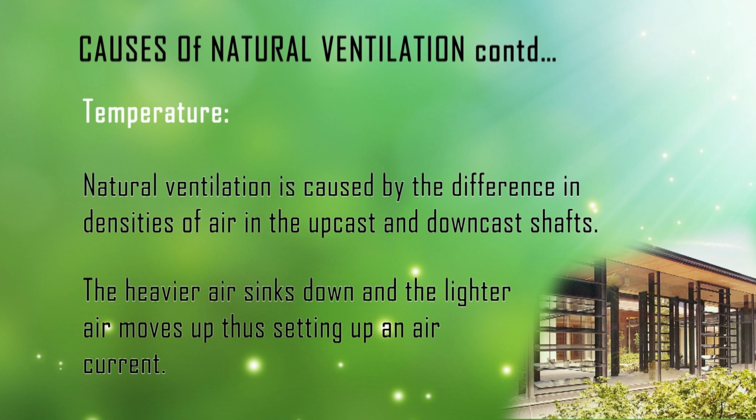If there is a pressure difference maintained between the air in the downcast shaft and the air in the upcast shaft, there will be a flow from downcast to upcast, because the heavier air sinks down and the lighter air moves up, thus setting up an air current.